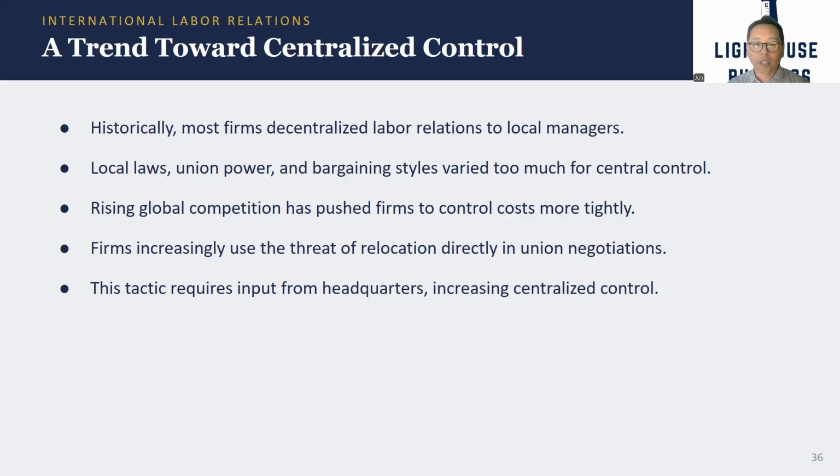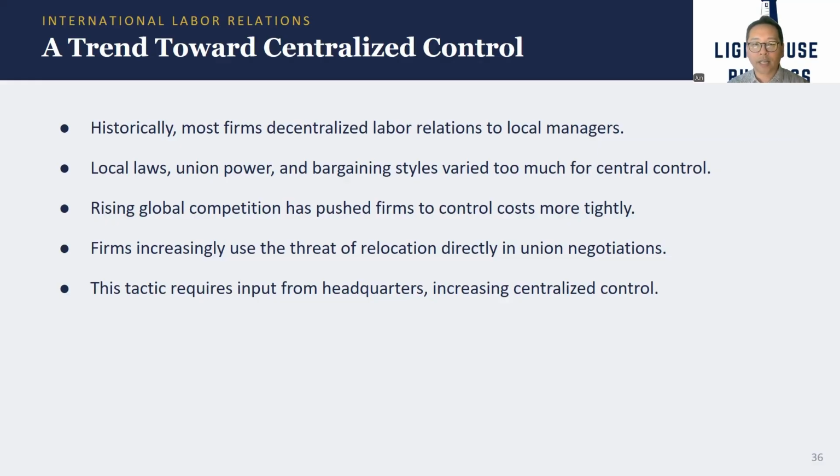However, the trend today is moving toward greater centralized control. Rising competitive pressure across almost every industry has made cost control more important than ever. And since labor costs make up such a large share of total costs, some firms are now directly using the threat of relocating production as a negotiating tactic with the unions, just as Ford did in Europe.